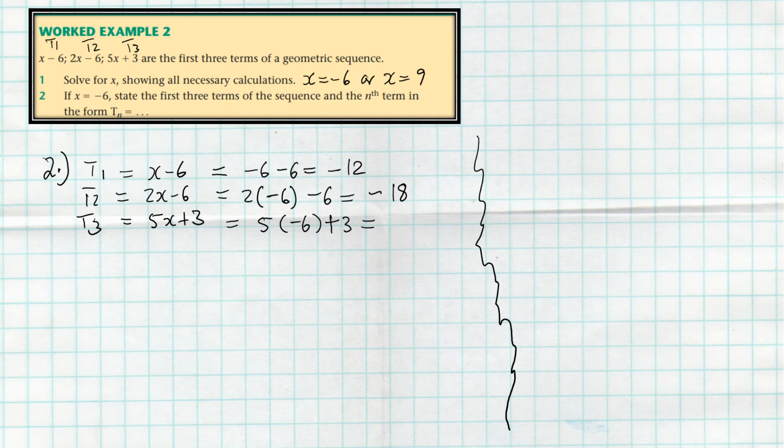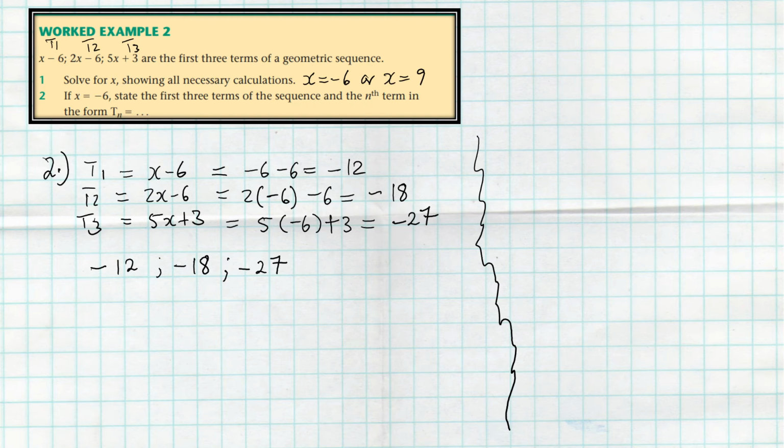So 5 times minus 6 is minus 30, plus 3 is definitely minus 27. So those are the first 3 terms of the sequence, right? Let me write them in that order: minus 12, minus 18, and minus 27.